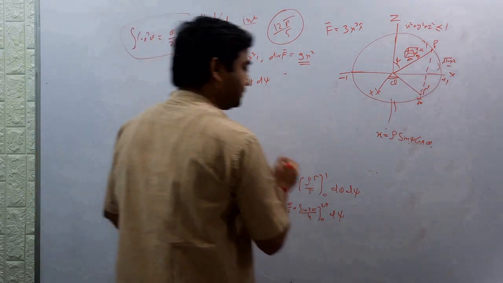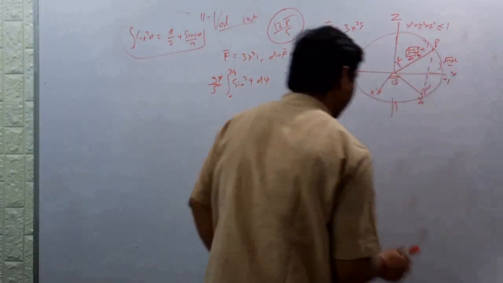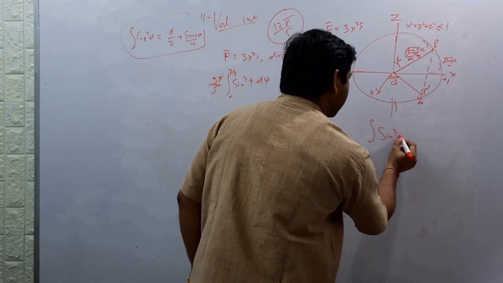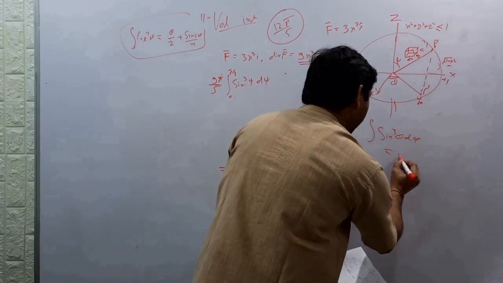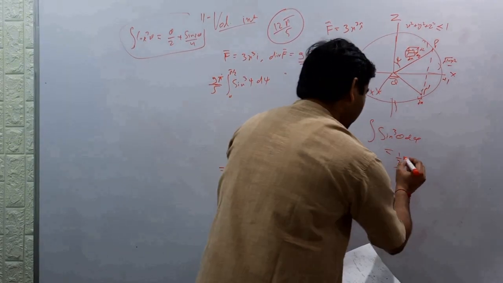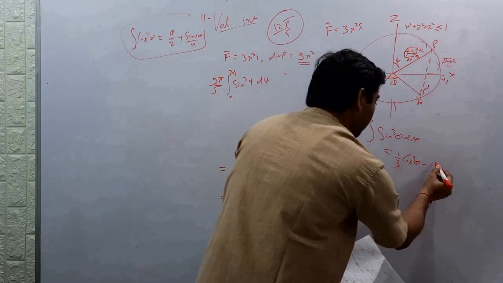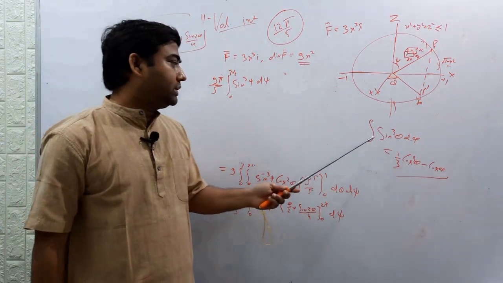Now, integration of sin cube theta d theta is 1 by 3 cos cube theta minus cos theta. This I have already calculated.